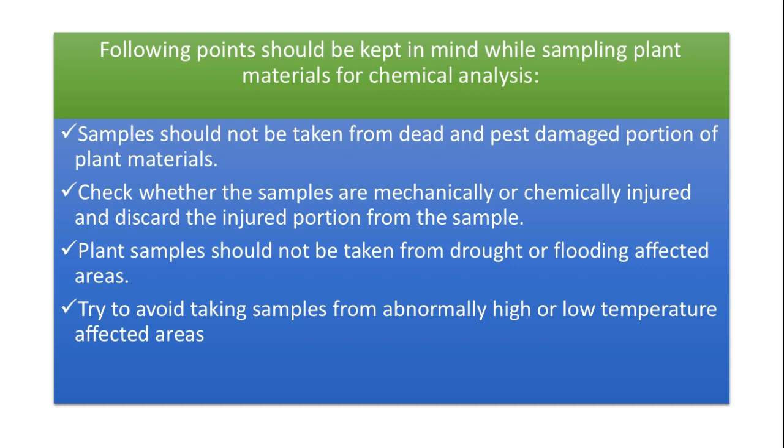Check whether the samples are mechanically or chemically injured and discard the injured portion from the sample. Plant samples should not be taken from drought or flooding affected areas. Try to avoid taking samples from areas affected by abnormally high or low temperature, or abnormally low or high fertility soil conditions.